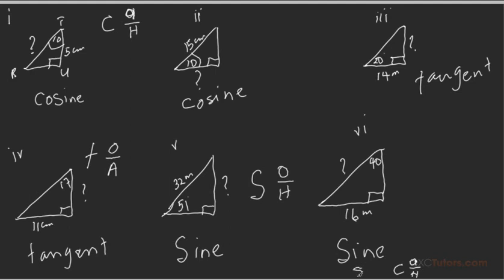Sine we know is opposite over hypotenuse, and tangent we know is opposite over adjacent. So we have another sentence you may use to remind yourself to remember it: some old horses can always hear their owners approaching.